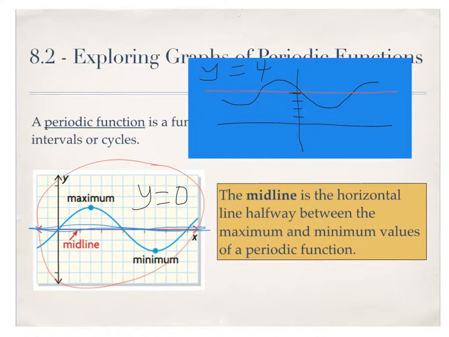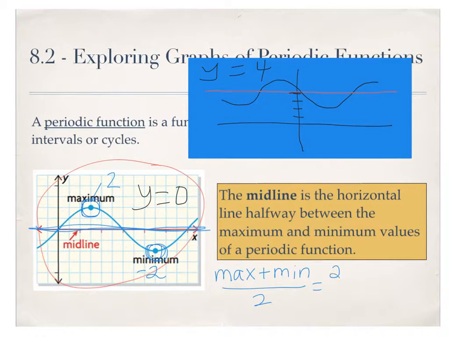Now there is a pretty easy calculation to figure that out. Look at the maximum. The maximum is 2, and the minimum down here is -2. If you want to find the middle between those two values, you do the max plus the minimum divided by 2.